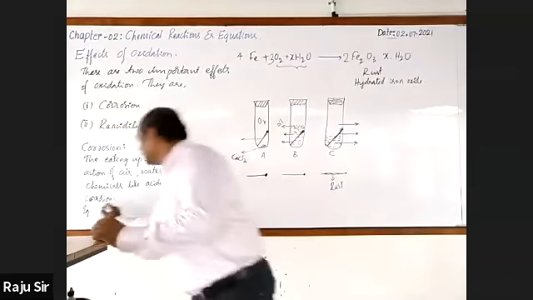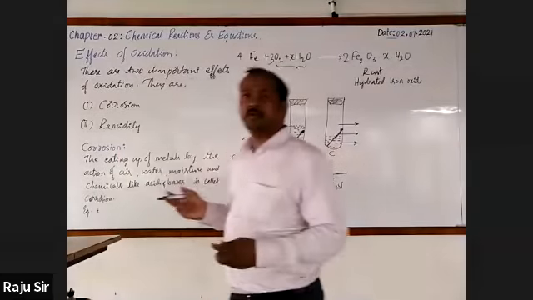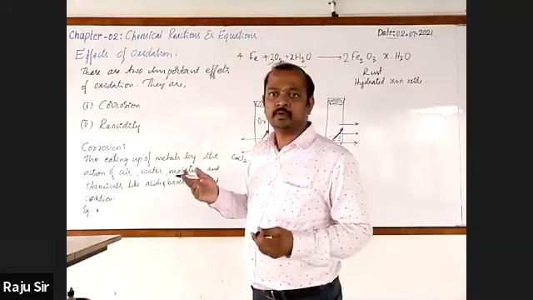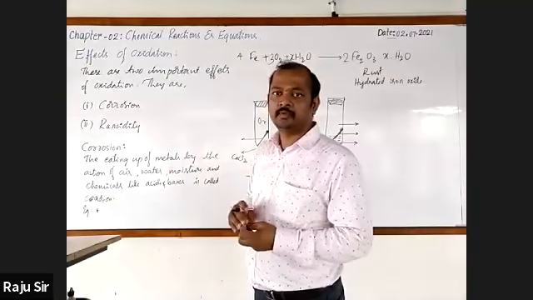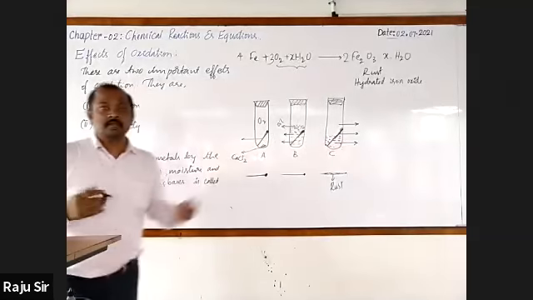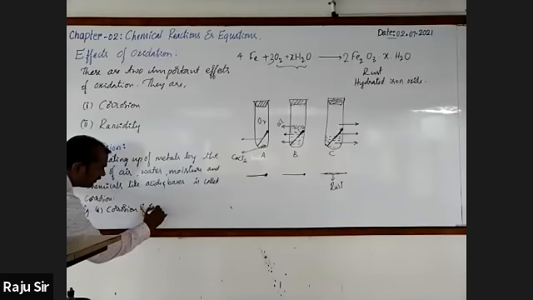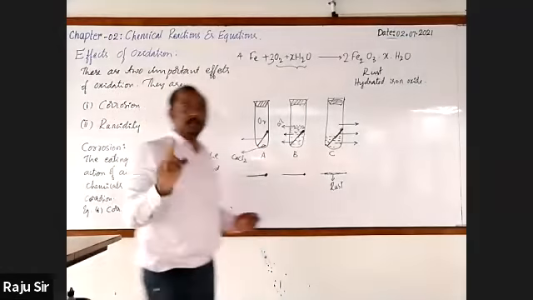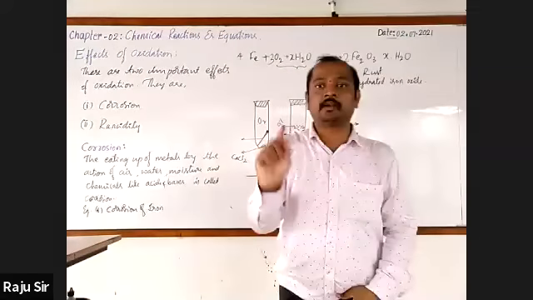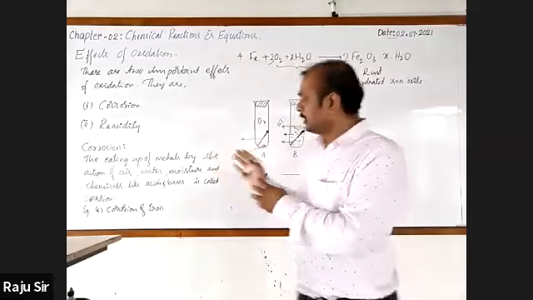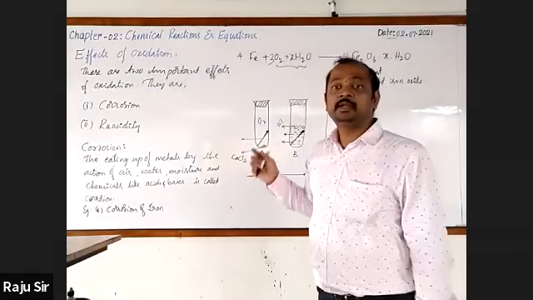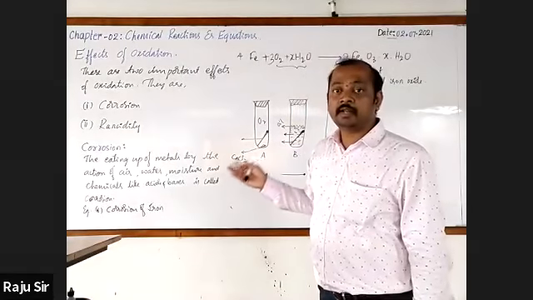Examples: corrosion of iron, corrosion of copper, corrosion of silver. I'll write one by one. Corrosion of iron. But only for iron, we have given a particular name. It is nothing but rusting.